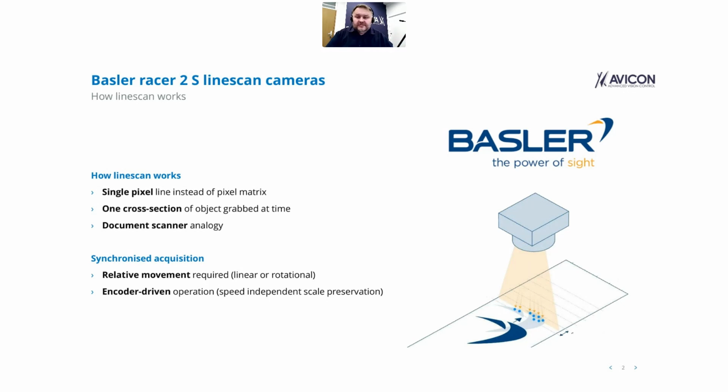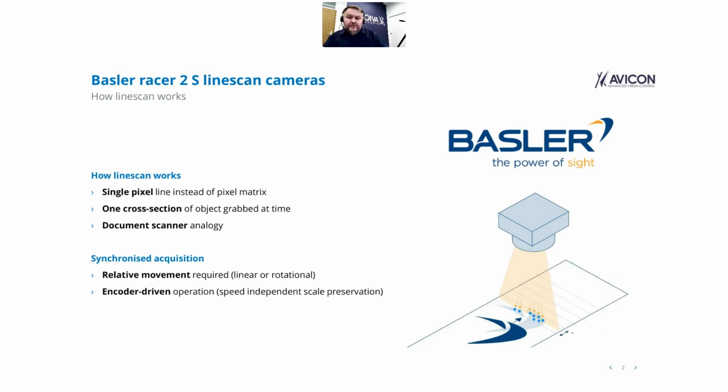We simply use encoders to keep track of relative movement, regardless of the speed of scanning or the velocity of the web or object, so that we can change the velocity and the scale of the final image doesn't change. So these are the basics.